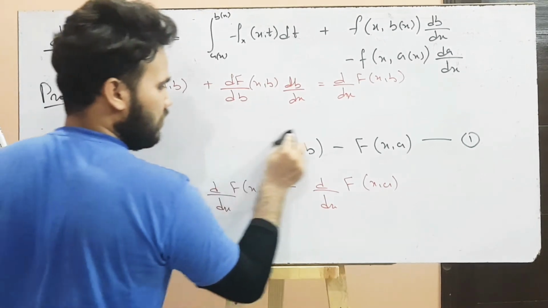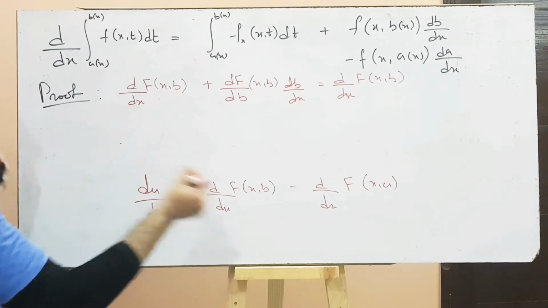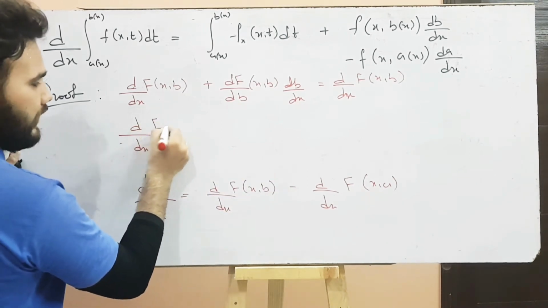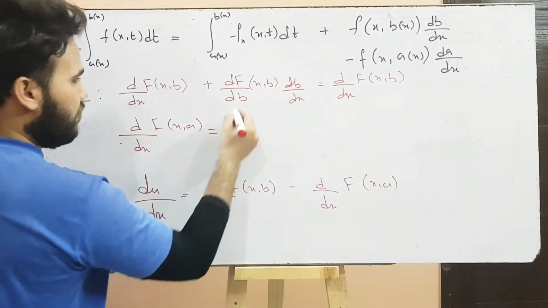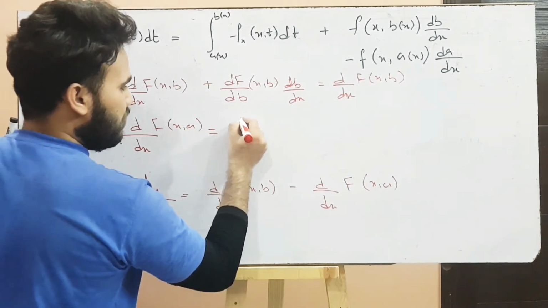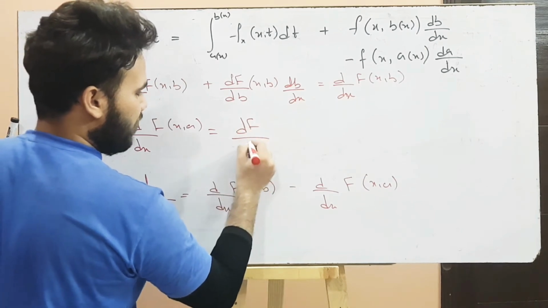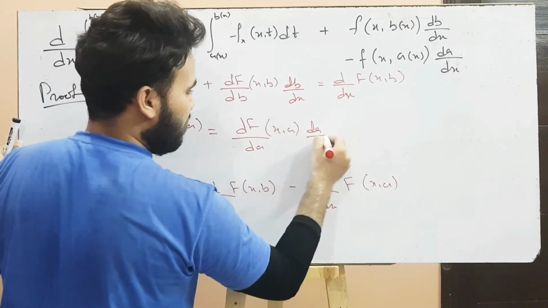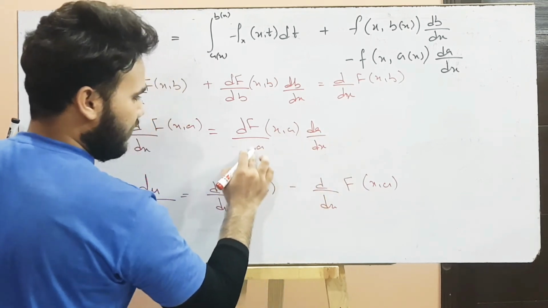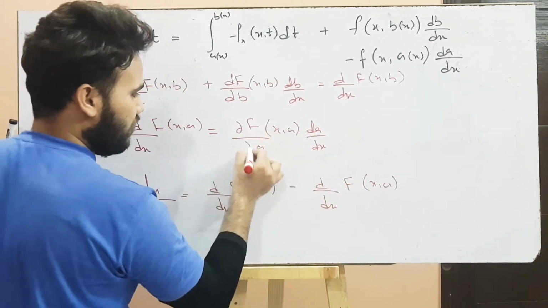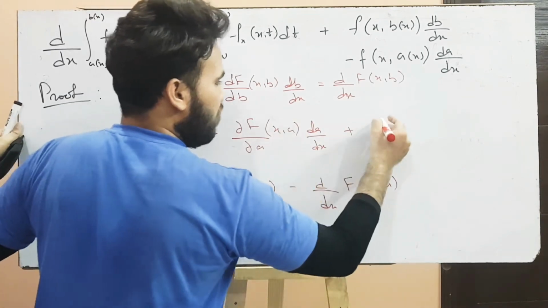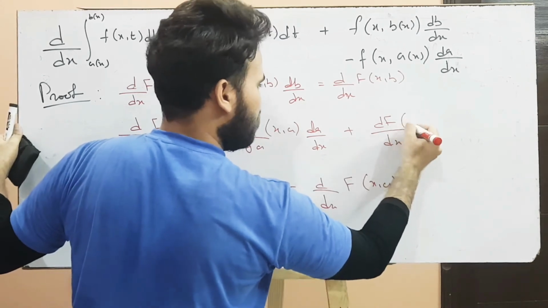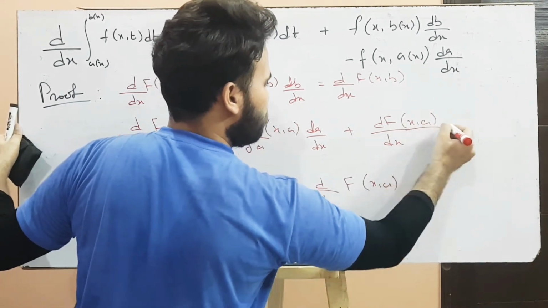The derivative d/dx of F(x, a) is equal to, first of all, the partial derivative of F with respect to a at (x, a) times da/dx, plus the derivative of F with respect to x at (x, a).